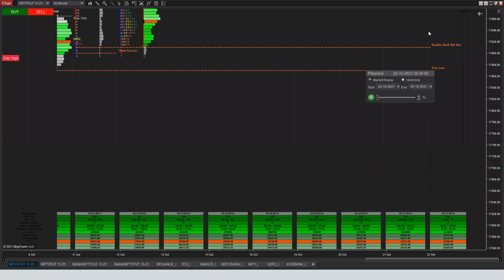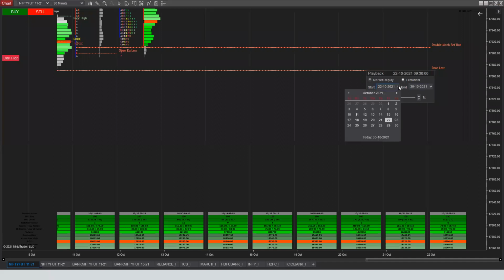Let's come back to the structure here. What I'm going to do here is run the 29th, that is yesterday's structure. So I was holding a bearish view, but then that bearish view on Friday totally changed into a bullish view. I started trading mostly bullish positions.